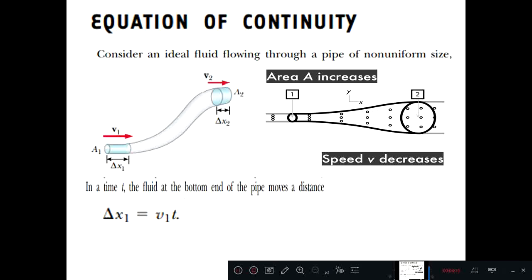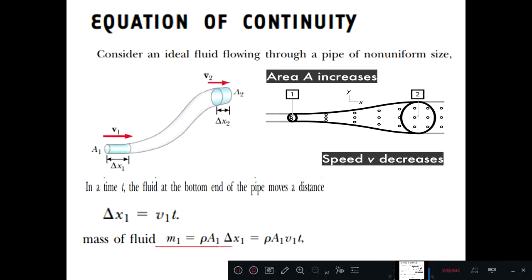Suppose A1 is the cross-sectional area in this region. Then the mass of the fluid contained in the left shaded region, mass m1, equals rho A1 into delta x1.